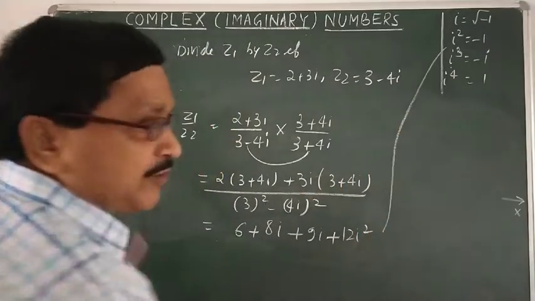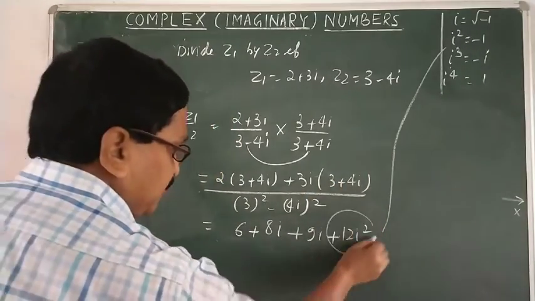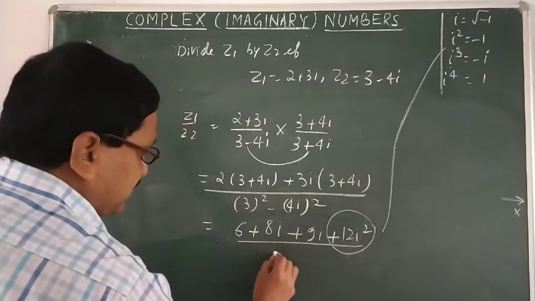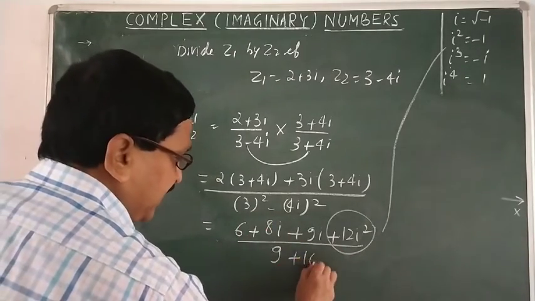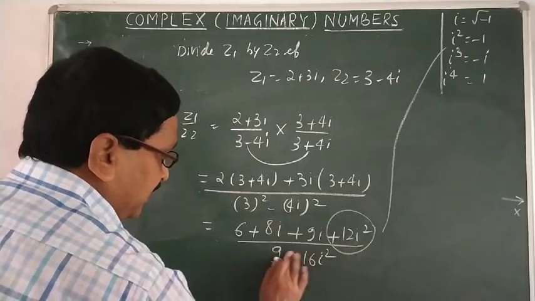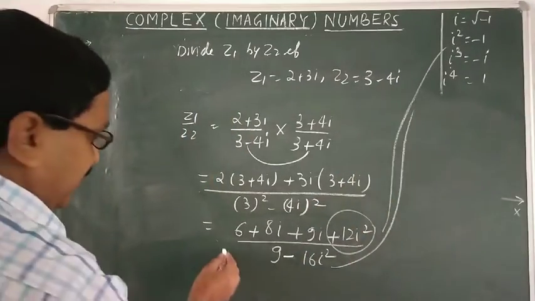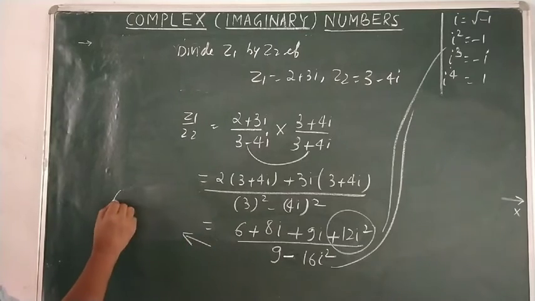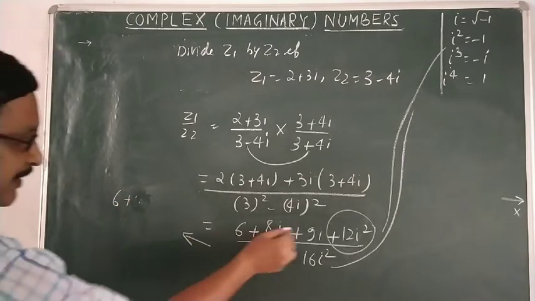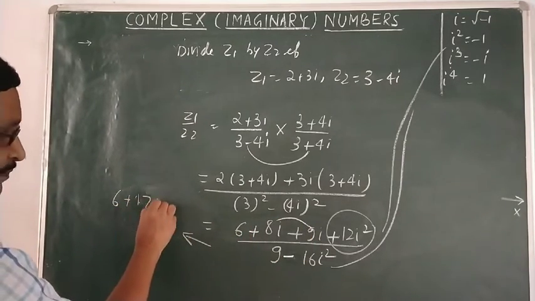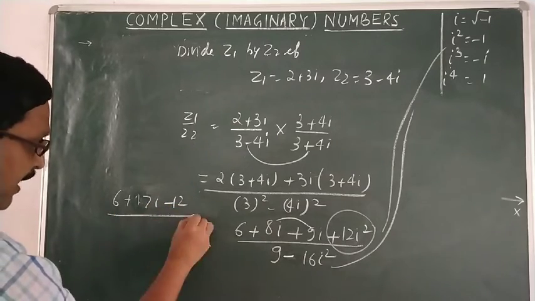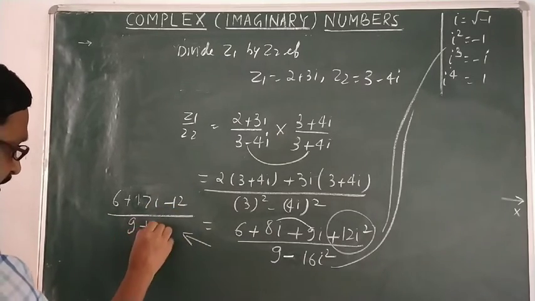Now this is 6 plus 8i plus 9i plus 12i square. Now i square is equal to minus 1, so this will be minus 12, over 9 minus 16i square. Again i square is equal to minus 1, so we are getting 6 plus 8i plus 9i, which gives 17i, minus 12, over 9 plus 16.